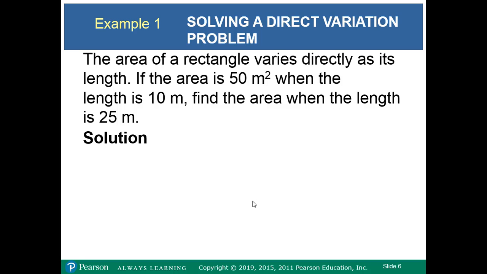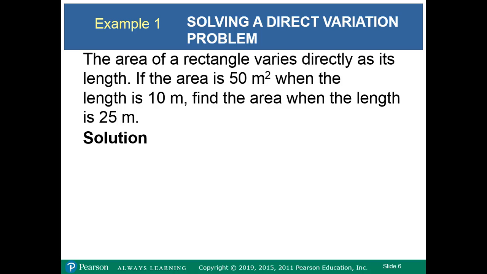Here's an example. The area of a rectangle varies directly as its length. If the area is 50 square meters when the length is 10 meters, find the area when the length is 25 meters. Now all we have to do is go through these steps. First, we set up the general equation from the problem.